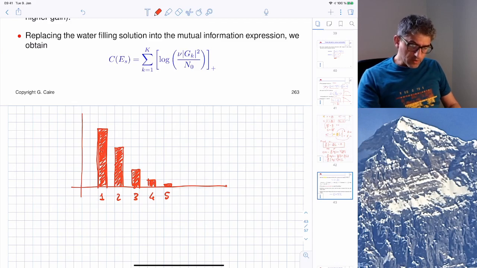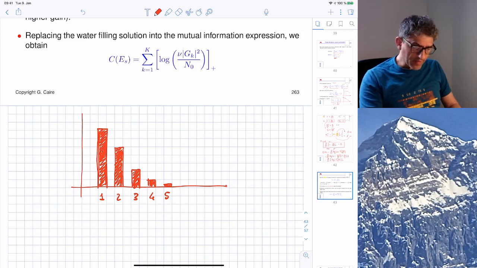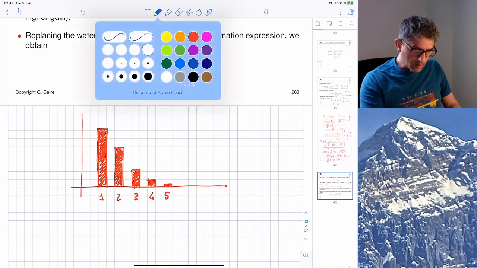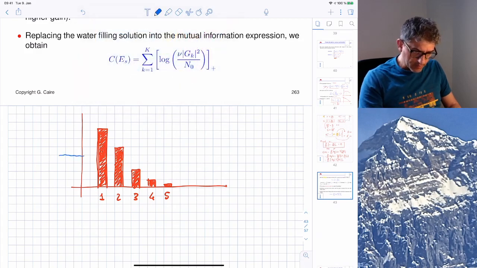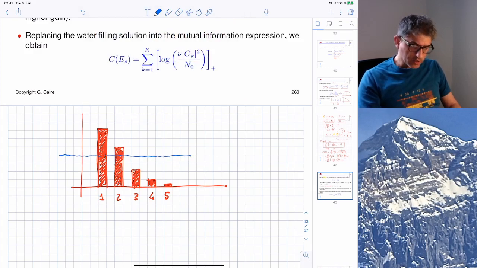And so these create a sort of landscape of these values that can be seen as the bottom of the sea, and then we pour water. We pour water at a level, a common level nu. For example, let's say at this level, such that the sum of the differences, when those differences are positive, is given by the total energy.